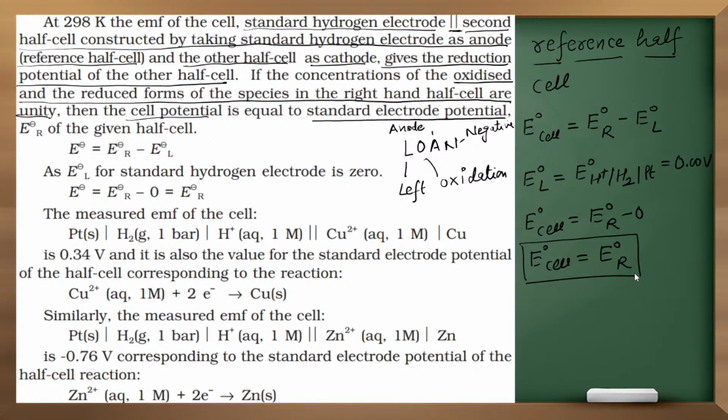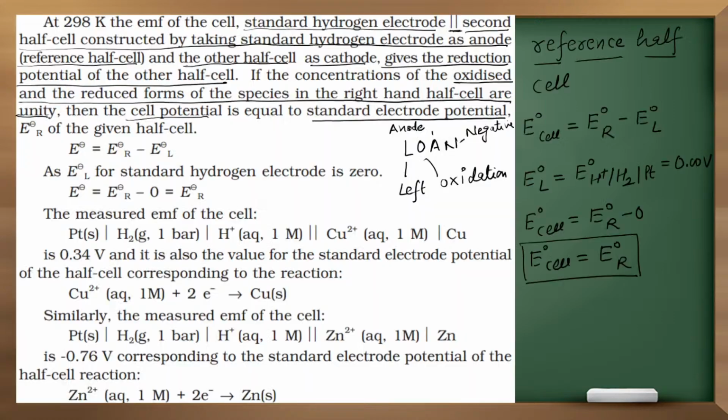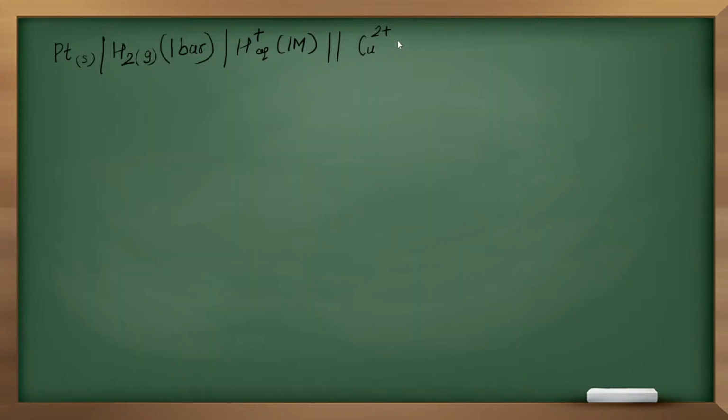For example, to measure the EMF of this cell, the cell is given to you: Pt solid, H2 gas at 1 bar pressure, H plus aqueous at 1 molar concentration, salt bridge, Cu 2 plus aqueous, that is again 1 molar, and copper solid.